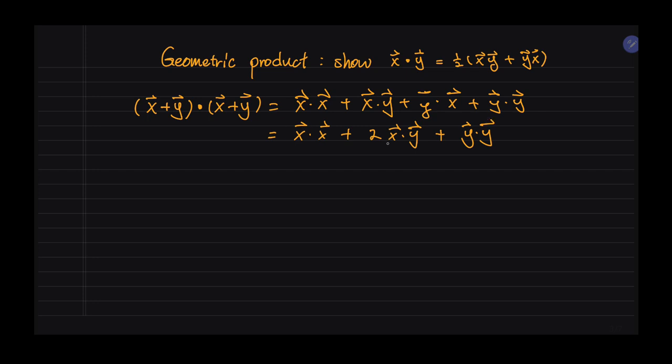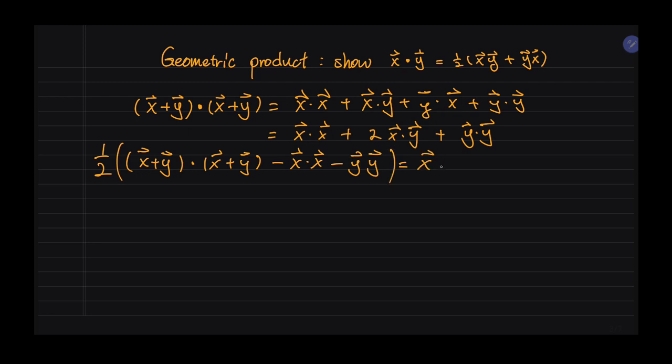And if we move x dot x and y dot y to the left side and divide by half, what we get is x plus y dot x plus y, minus x dot x, minus y dot y, equal to the whole thing, x dot y.